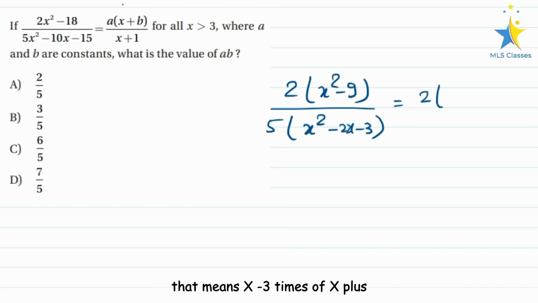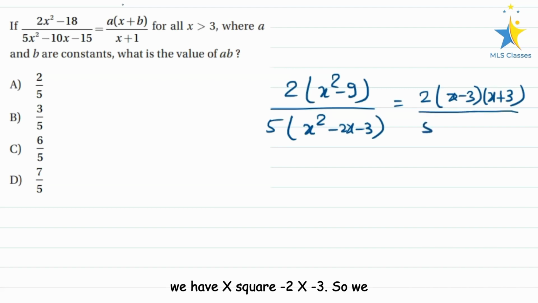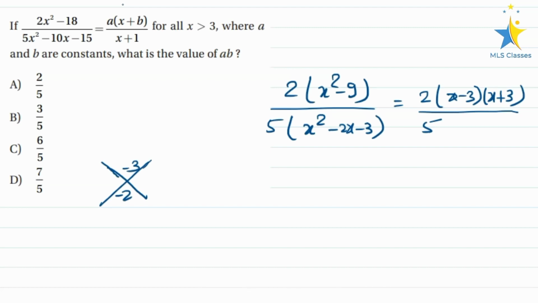That means 2 times x minus 3 times x plus 3, divided by 5 times x square minus 2x minus 3. So we have to get two numbers whose sum is negative 2 and product is negative 3.